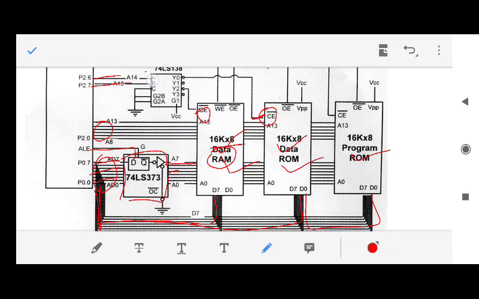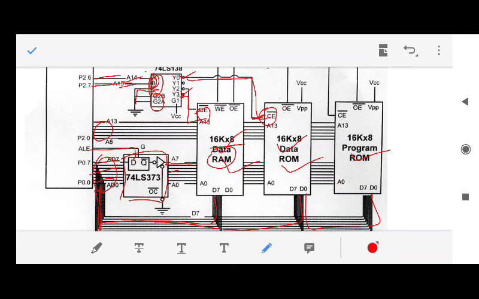So you have taken a decoder. The decoder has 3 inputs. So the rest of the inputs are grounded, or you can take them as 1 also, and only 2 inputs are used here. And any 2 out of the 7 output pins are connected to the chip enable signals of the data RAM and data ROM.